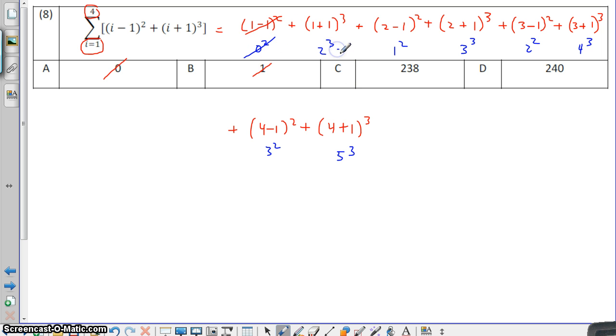This becomes 8. This is just 1. 27. 4. 4 times 4 is 16. Times 4 is 64. 9. 5 cubed. 5 times 5 is 25. Times 5 is 125.